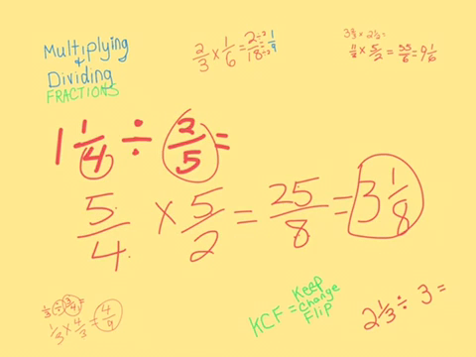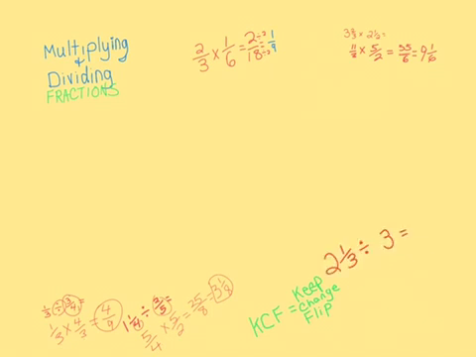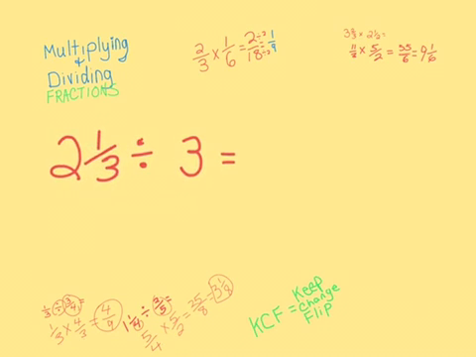All right, so next problem. Last problem we're going to go over. If you are multiplying or dividing with a fraction and a whole number, you should change the whole number into a fraction. That's very easy by putting any whole number over 1.